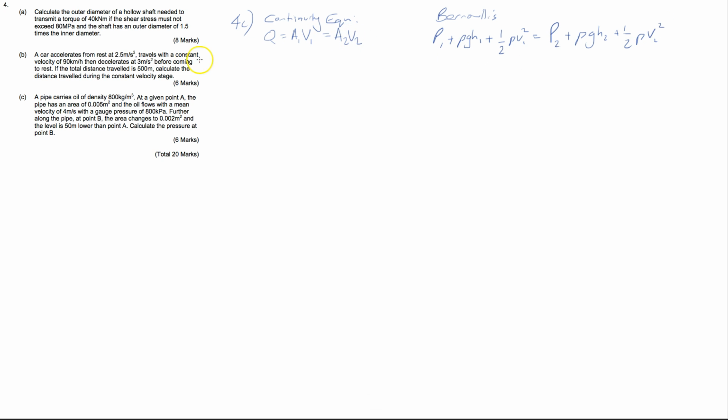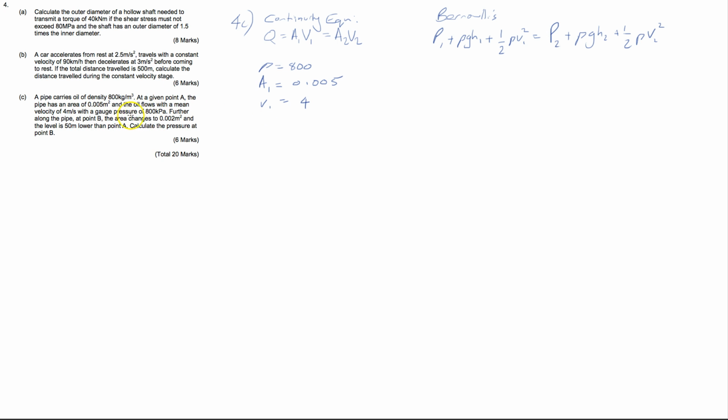We'll state some variables. We know that rho is equal to 800, that's the density. We know that the inlet area is A1. Oh, thank goodness they're not just giving us diameter and expect us to work that out for 6 marks. That would be harsh. So A1 is equal to 0.05. We're given an inlet velocity, V1 is equal to 4.